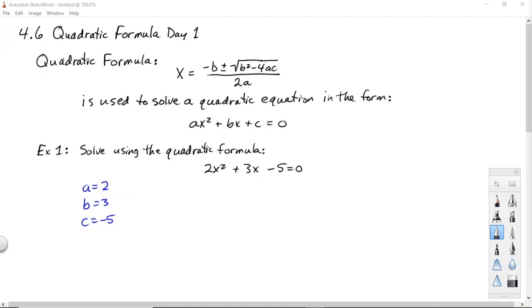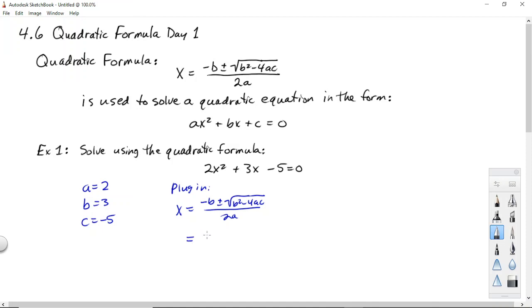Okay, so I will first write down the formula again, right under here. So we plug in to this formula, and we will get our value of x here. So here's the formula. And we plug everything in.